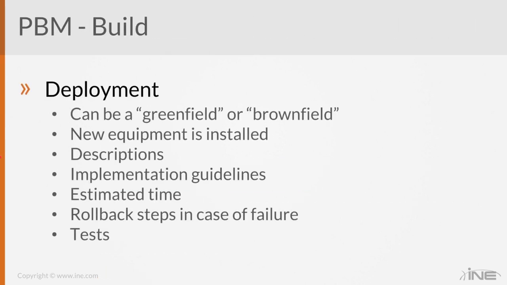Also under the build, we're at the deployment now. The deployment can be either a greenfield or a brownfield. If you're lucky enough to have a greenfield, well, good for you. Greenfield usually means we're building from scratch, or almost. A brownfield means, well, probably it's a hardware refresh. Probably it's an addition to a current network.